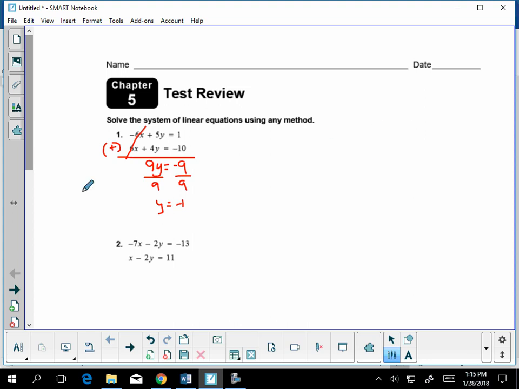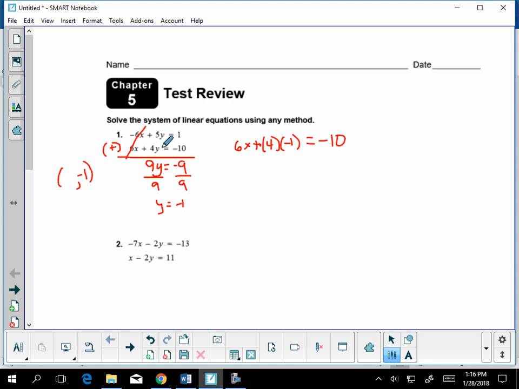Well, that's half of my answer right there. I don't know the x-coordinate, but I know the y-coordinate is negative 1. I need to know the x-coordinate. It doesn't matter which equation I plug it into. I'm going to plug it into the bottom so I don't have to deal with that negative sign. So 6x plus 4 times negative 1 equals negative 10.